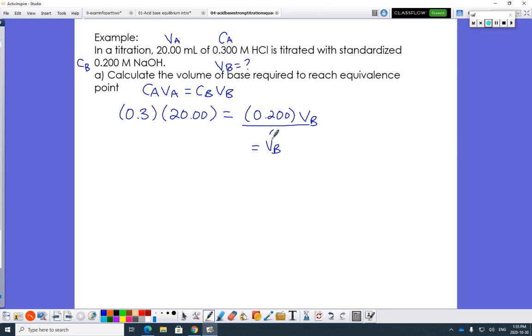So you're dividing. Decide how many steps you want to show. 0.3 times 20 divided by 0.2 is 30.